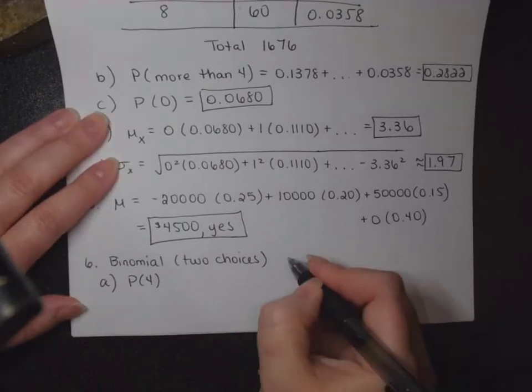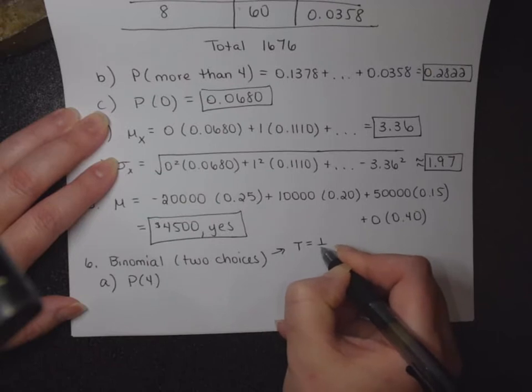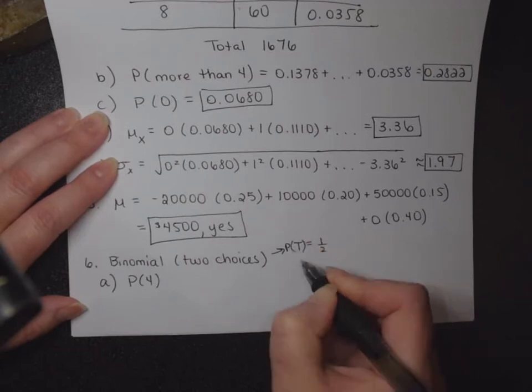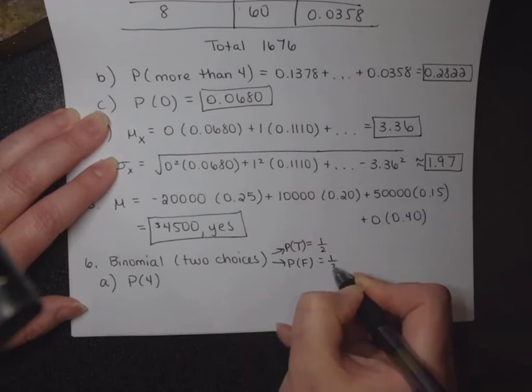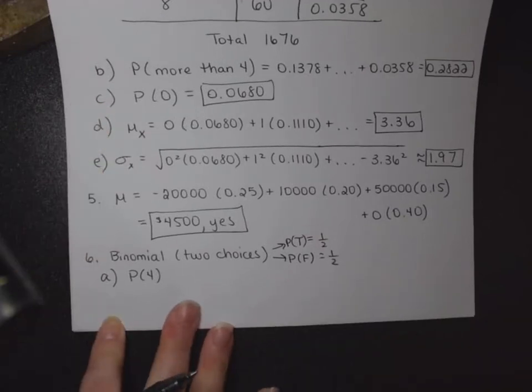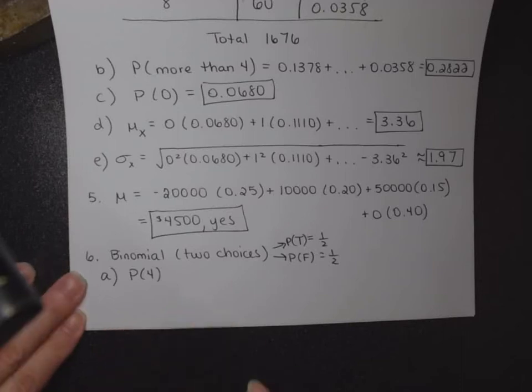So we probably need to lay that out. True has a probability of 1/2, and false has a probability of 1/2, right? Make sure you know the difference between this and a problem where it's not half and half. Like if it were a multiple choice question, you wouldn't have a 50-50 shot of getting it right or wrong. So keep that in mind.